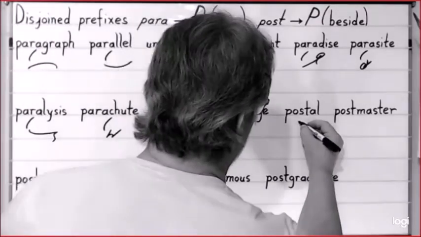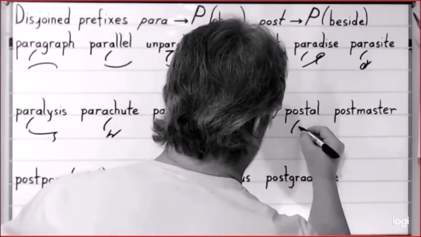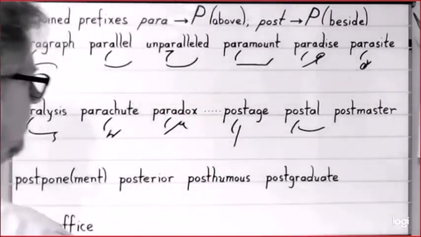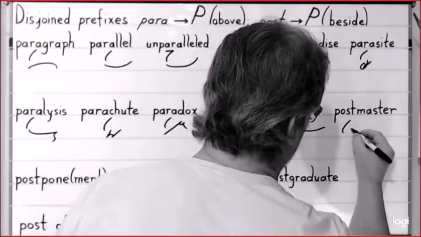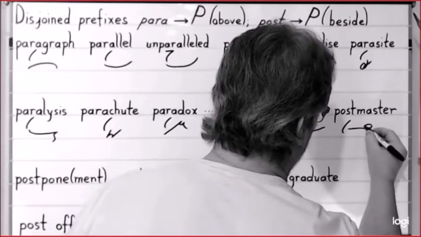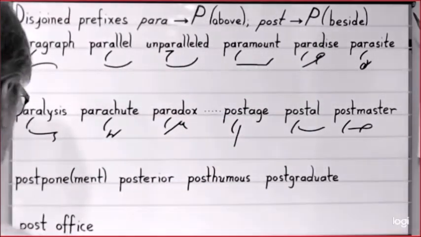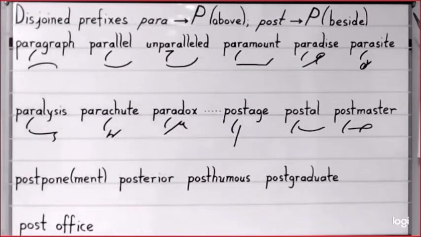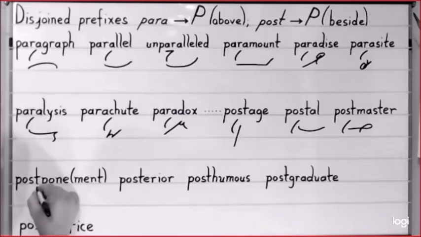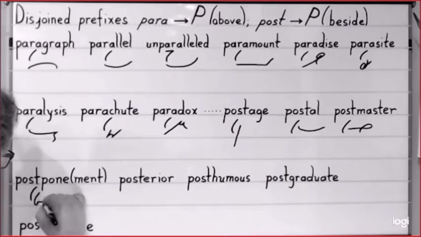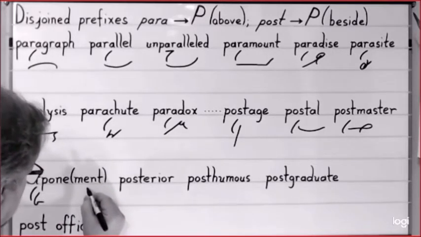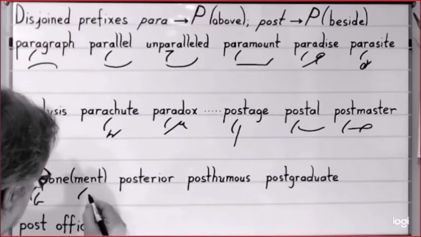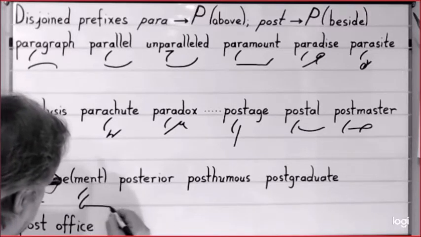Postal is a P, and then an L. For postmaster is a P, and then M, A, S. For the word postpone, it is a P, then a P, O, N. For postponement, it is a P, then a P, O, and the N stroke.